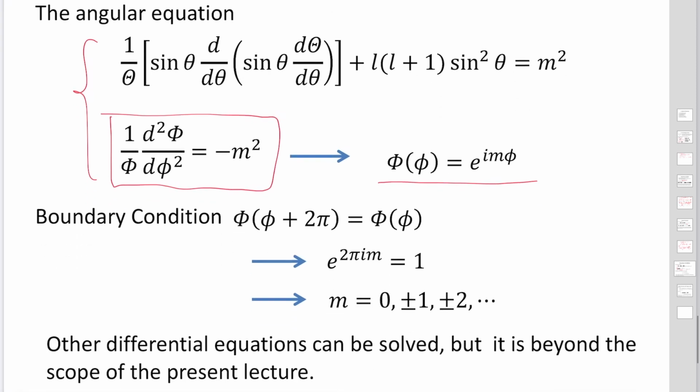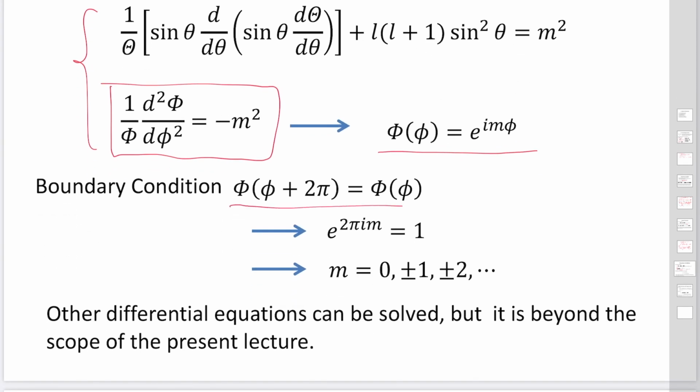We can apply the boundary conditions. This is x, y, z. This is theta. This is phi. By rotating around the z-axis by 2 pi, it returns to the same point.